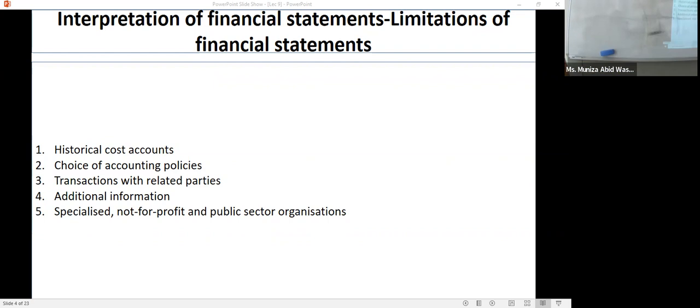And the last E is effectiveness. Effectiveness is one step ahead than the efficiency. The basic definition of effectiveness is the achievement of objectives. For efficiency also, few times we do say that this is the achievement of the objectives, but more primarily we do say that efficiency is not the achievement of the objectives, but the usage of the resources, how well the organization is utilizing its resources. Whereas effectiveness is one step ahead than the efficiency.